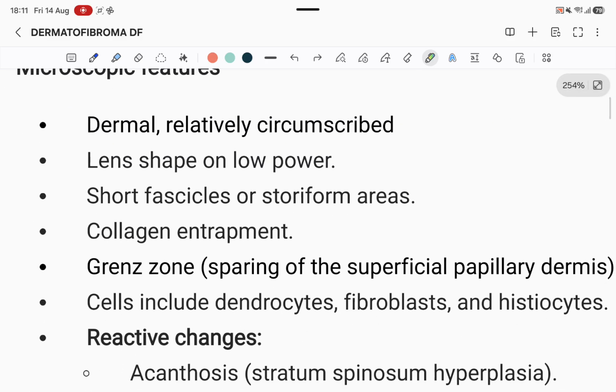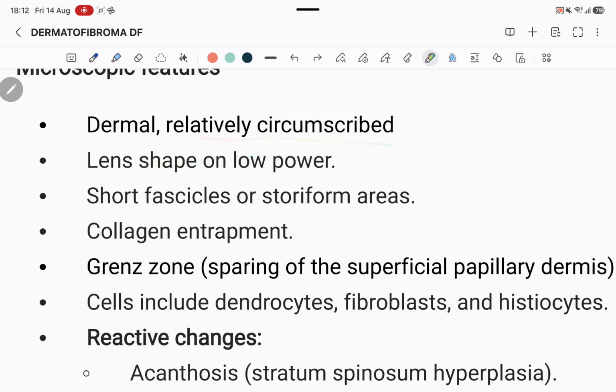The most important is a Grenz zone, collagen entrapment, and your cells are fibroblasts and histiocytic-looking cells, or histiocytoid cells. You can say epithelioid cells; that's what it's best to say. Lens shape is not as important.